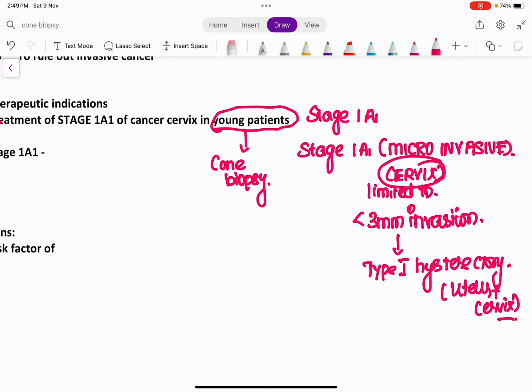For the purpose of completion of family, you're going to ask the patient to come after completing the family as early as possible, since the probability of this cancer becoming invasive is more. Is that clear? But in elderly patients, there is no need to do any cone biopsy or conization, right? You have to proceed with the treatment of hysterectomy, type 1 hysterectomy, where you're going to remove the uterus and the cervix. Is that clear?